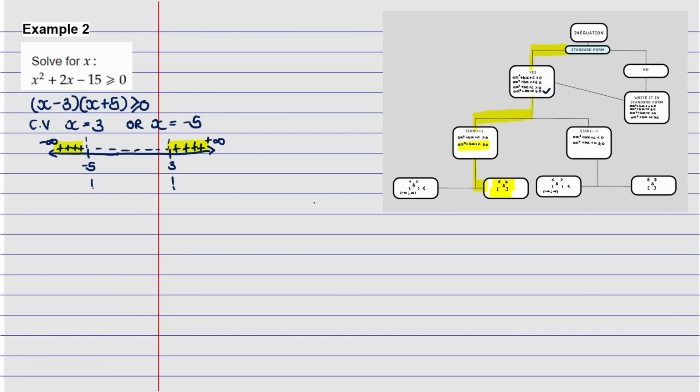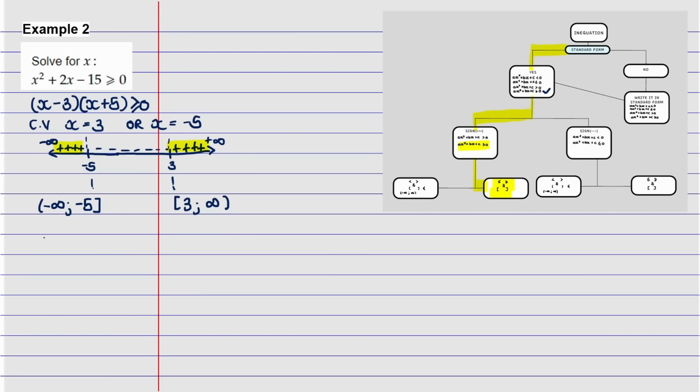So we know the fact that from negative infinity till here, we only start from the left-hand side. The negative infinity always gets what? A curved bracket. The negative 5, since this is greater than and equal to, is going to get a square bracket, right? Then it's going to be 3 till positive infinity, and that one gets a curve, right? Regardless of whether it's a positive, regardless of whether it's a greater than and equal to, the negative infinity and positive infinity always get what?